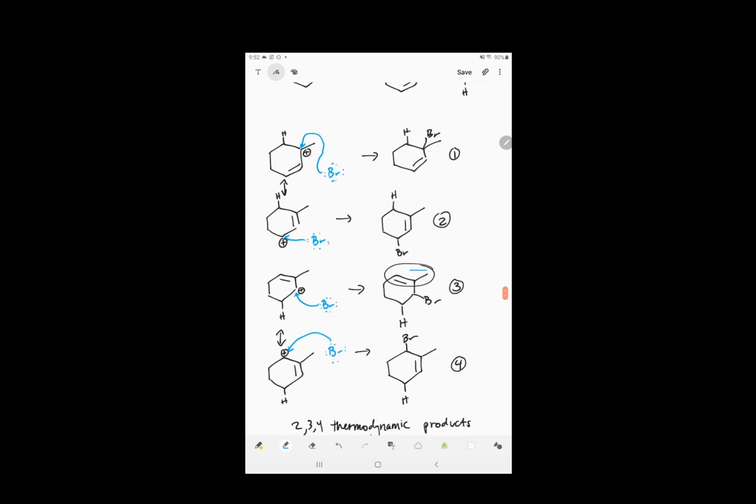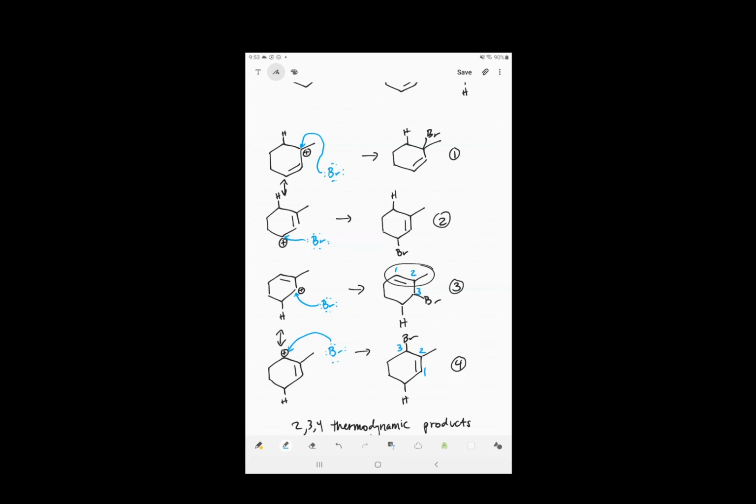If we number these, if I just number them that way, we're going to see something special here. These 2 products are, in fact, what are they?